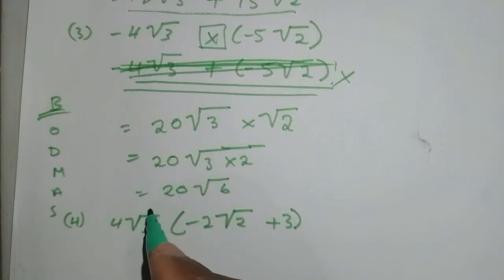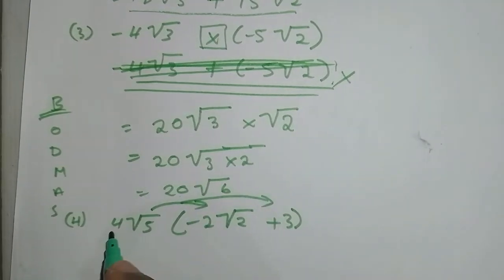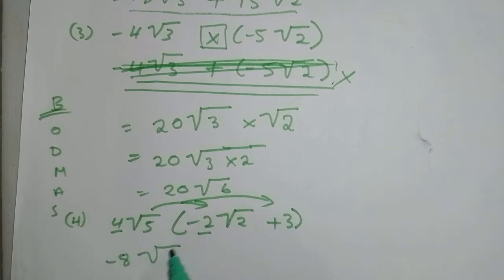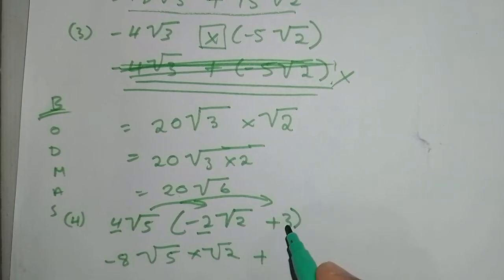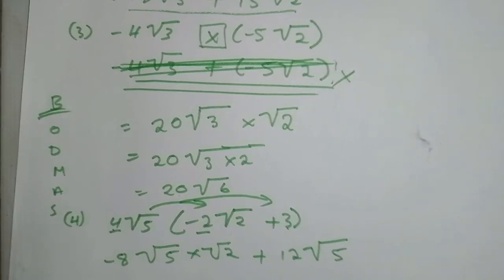Then this is how I'm going to remove my bracket. I'm going to have 4 multiplied by this, which is going to be minus 8, I believe. Then root 5 multiplied by root 2, right? Plus 3 multiplied by this, it's going to be 12 root 5, right?